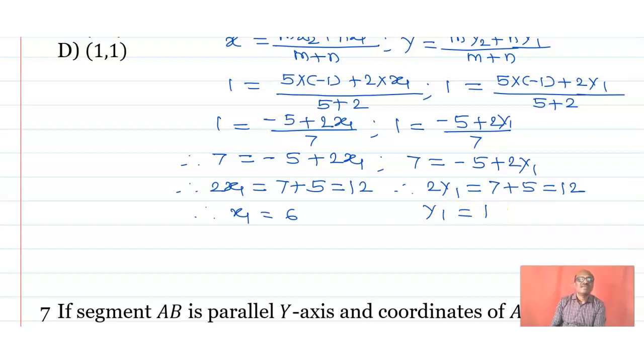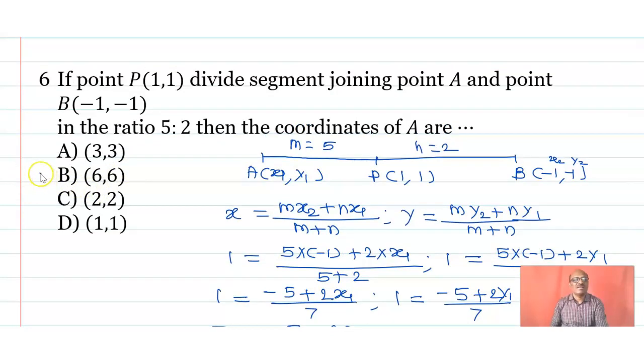Then you will get here directly 6. तोच कोऑर्डिनेट आपल्याला मिळतो. देन व्हॉट इज द कोऑर्डिनेट, 6,6 म्हणजे ऑप्शन कुठला आपला करेक्ट आला? दॅट इज ऑप्शन बी इज द करेक्ट वन.